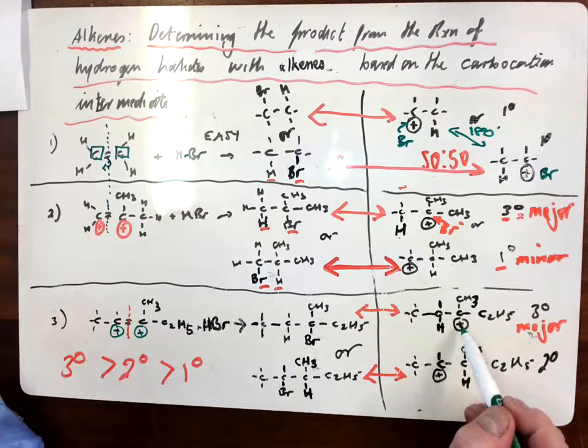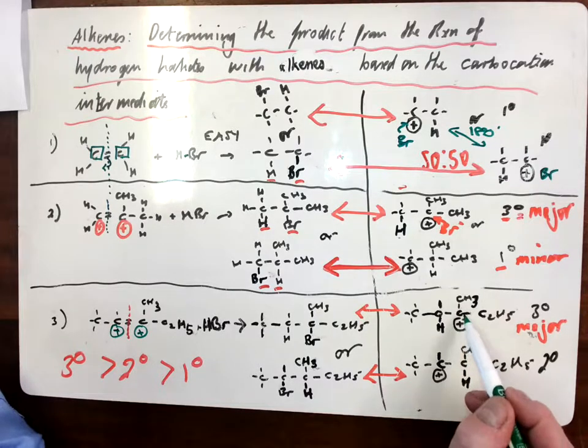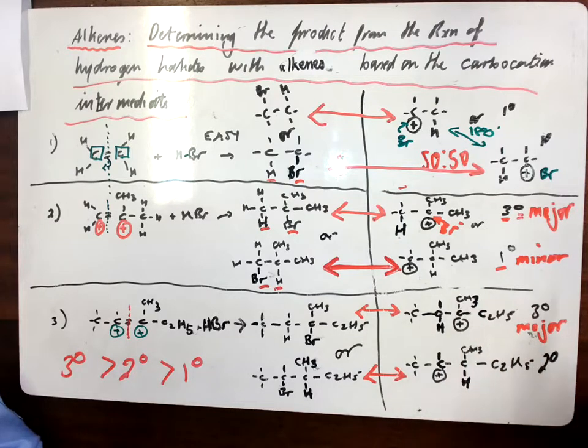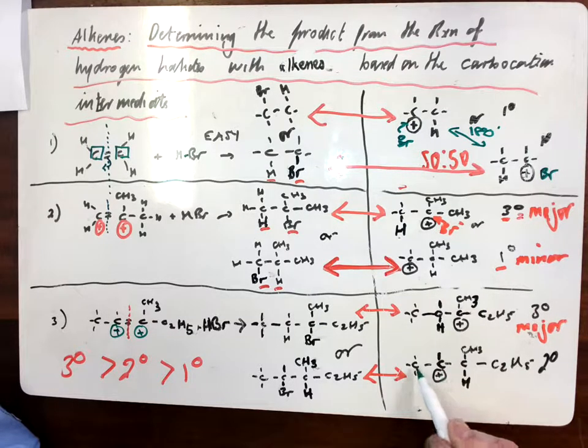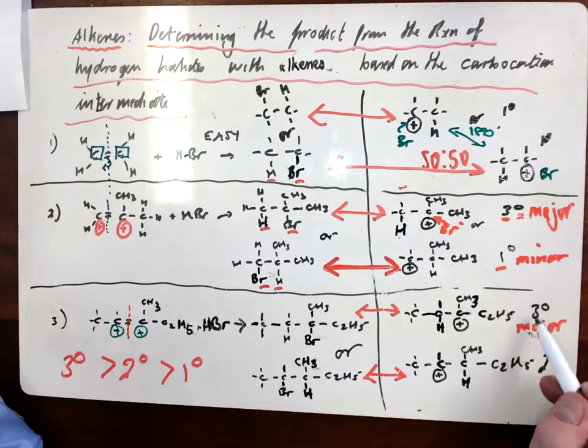So if we look at this one at the top, first of all, we can see the positive carbocation has got 1, 2, 3 other carbons attached to it, so it's tertiary. Whereas if we look at the alternative possibility, we have this carbon becoming the carbocation, and that has 1, 2 other carbons attached, so that is a secondary. So this one is our tertiary.